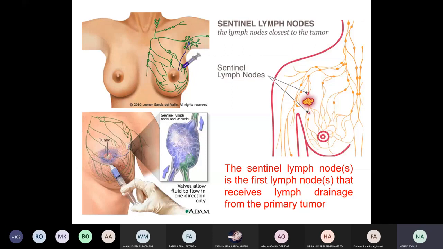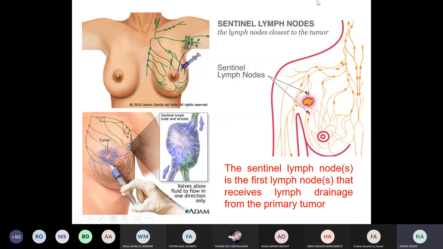What they do in the sentinel lymph node checkup is give a dye. Okay, the dye is given to the area containing the tumor. And the dye will drain to the lymph nodes surrounding the tumor. Okay. Now this procedure will give me an idea.